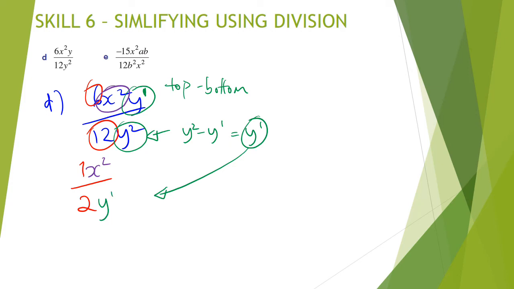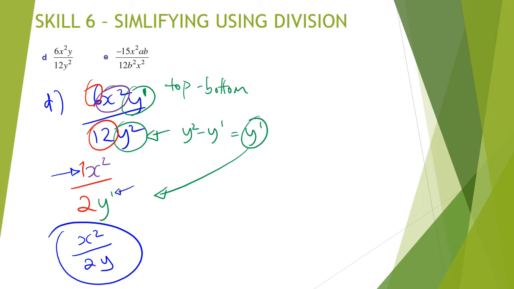So our final answer will be, we don't need to write the 1, and we don't need to write that 1 either. So we're going to have x squared over 2y. That's our final answer. Remembering we don't have to write the number 1.